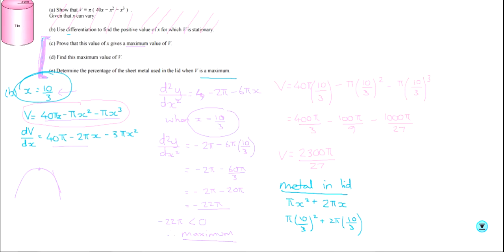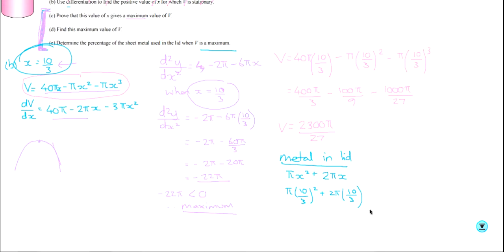Just drop this down a tad. There you go. So that's going to be 100 pi over 9 plus 20 pi over 3. Okay. So what you could do now here, there's a plus there.